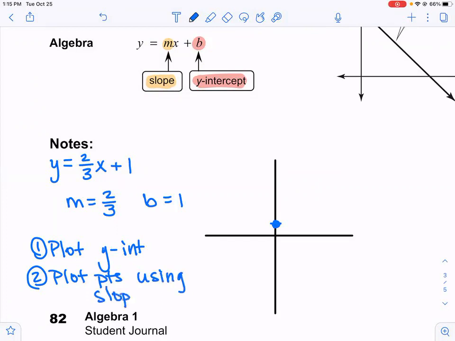Now I'm going to plot some points using my slope. M is 2/3. Now, is this a positive or a negative 2/3? Positive. So Colin, from left to right, my line is going to be rising or falling? Rising. So when I count my rise over run, I need to make sure that my line is going to rise.